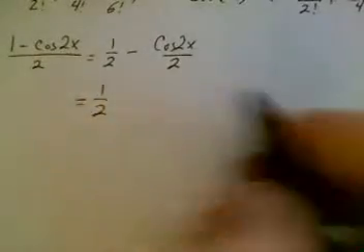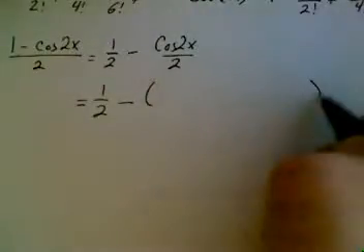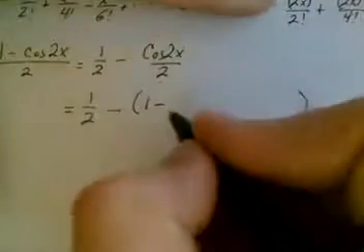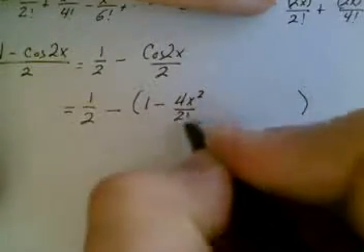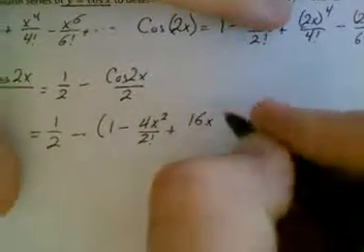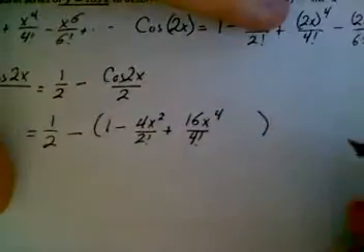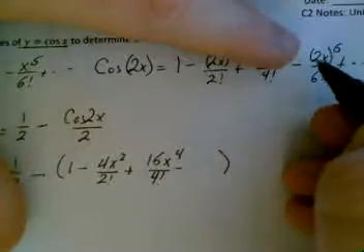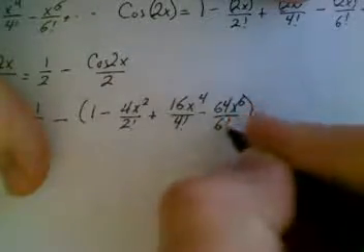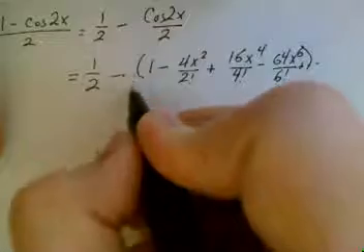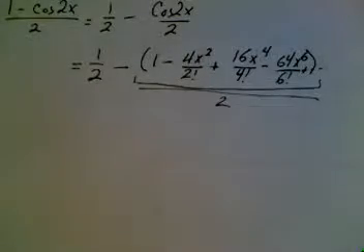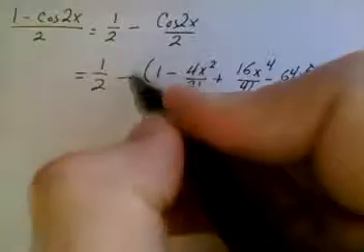I have the 1/2 minus that entire thing, which I'm going to write out again: 1 minus, and now I'm going to actually multiply these pieces out, so it's minus 4x squared divided by 2 factorial, plus, this is going to be 2, 4, 8, 16, x to the power of 4 divided by 4 factorial, minus, this is going to be 2, 4, 8, 16, 32, 64 times x to the 6th divided by 6 factorial, plus dot dot and so on and so forth. This thing here divided by 2.